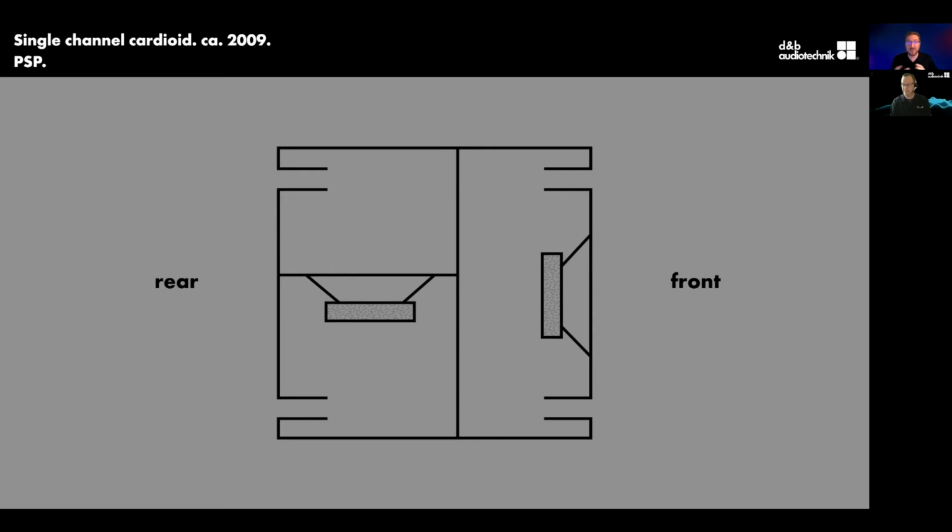You have three isolated chambers, one for your forward firing driver and one for your rear firing. The chamber at the rear top is for the compression, and the chamber at the bottom is for the rarefaction of that driver. Based on the construction of the cabinet alone, we can get cardioid behavior within a single cabinet with a single amplifier channel.